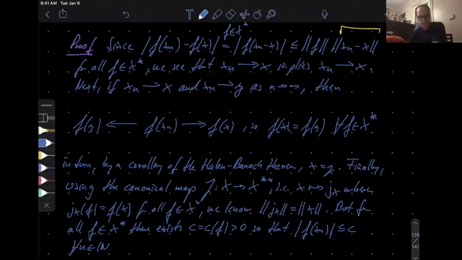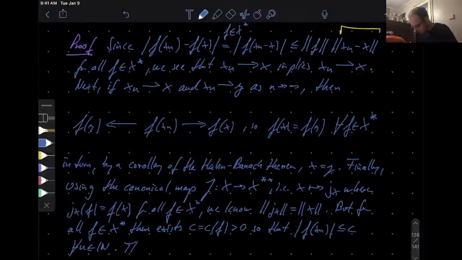So that simply means this is the ordinary convergence in the underlying scalar field of f(xn) going to f of x, right? And convergent sequences in the real number field or in the complex number field, they are surely bounded. And that's precisely what I write here, right? So there exists this constant c, which is independent of n, because the image sequence is bounded, because it's a convergent sequence in the scalar field. However, the constant might very well depend on the linear functional that you're using there. All right, so you have this for all n in N.